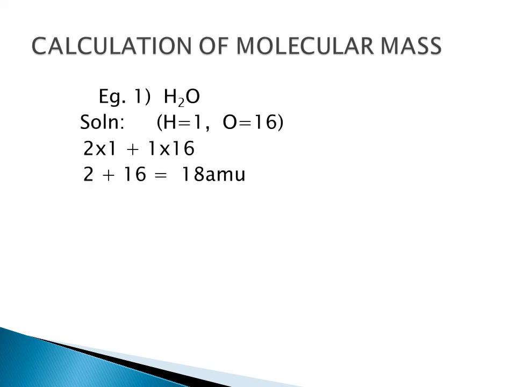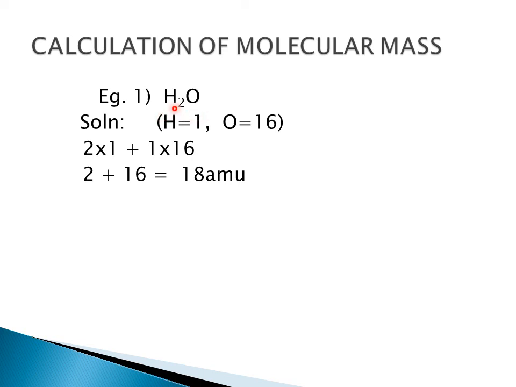Take the molecular mass. Calculation of molecular mass. Here we have an example of water. I told you the water molecule consists of two hydrogen atoms and one oxygen atom. How can we solve this? In order to calculate the molecular mass of a molecule or a compound, first we should know the atomic mass.